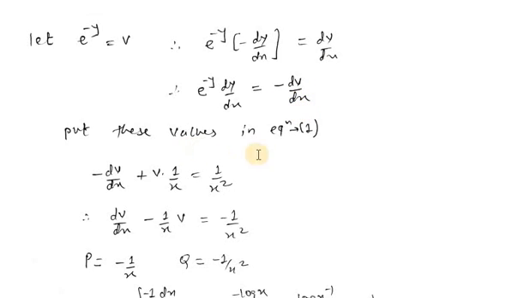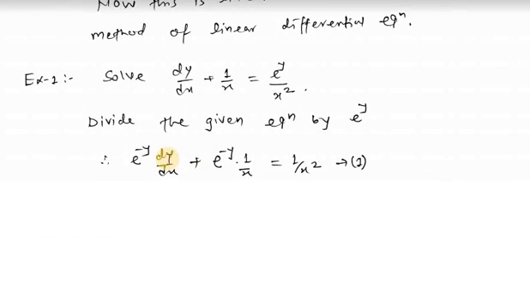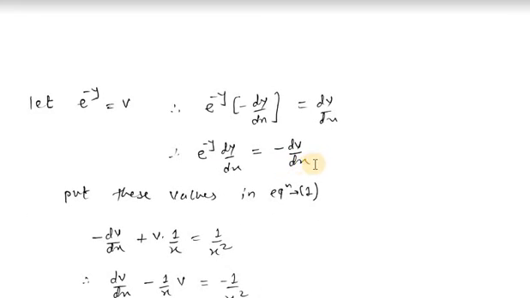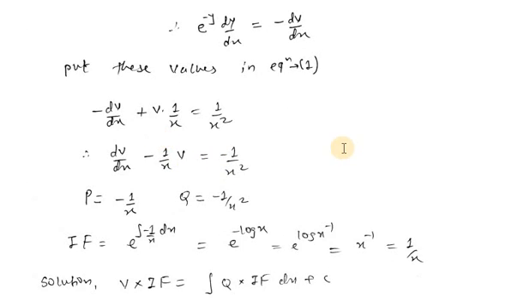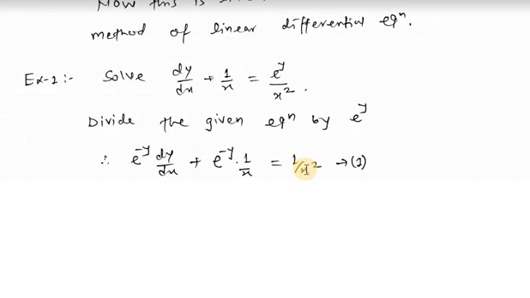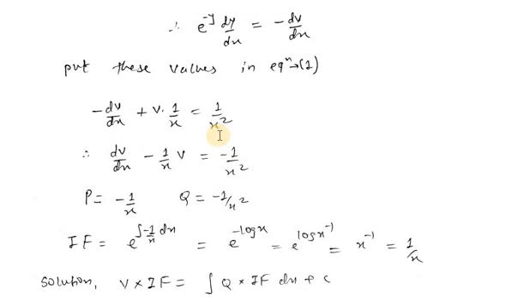Now we will put these values in equation 1. E raised to minus y dy by dx is minus dv by dx. So this is minus dv by dx, then 1 upon x as it is, and e raised to minus y is v. And the right hand side 1 upon x square is also as it is, right?